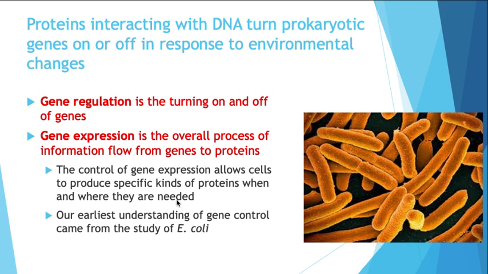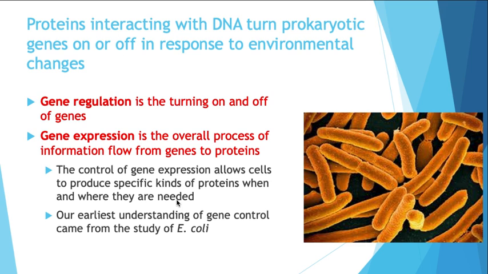In eukaryotes, transcription and translation are not coupled. Transcription happens in the nucleus, translation on the rough endoplasmic reticulum or in the cytoplasm, whereas in the prokaryote, transcription and translation are coupled. They happen at the same time.